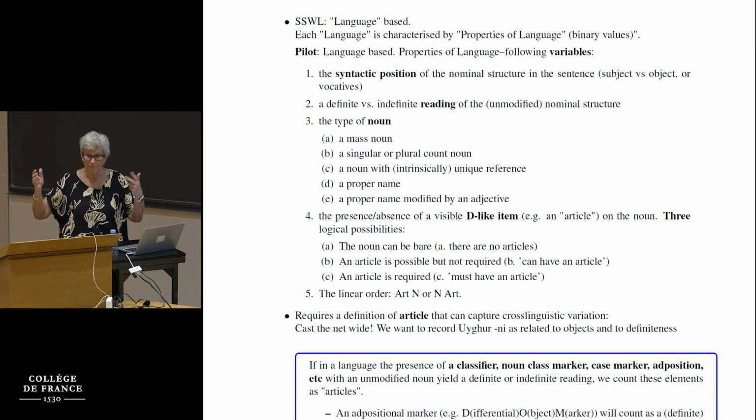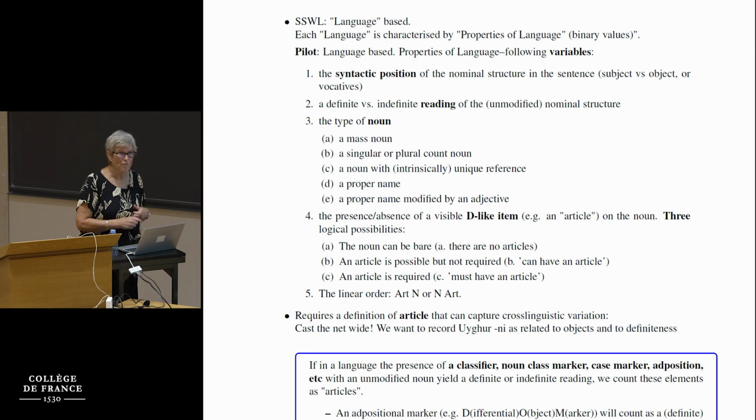If you say "John," how is that marked? Because often those cases don't get a determiner. What kind of readings do we get? What's the context, definite or indefinite? Another variable is what kind of noun we have. Do we have a mass noun? Do we have a noun with unique reference, like moon or sun? What happens with proper names? Do they get an article or not? What happens with proper names modified by an adjective?